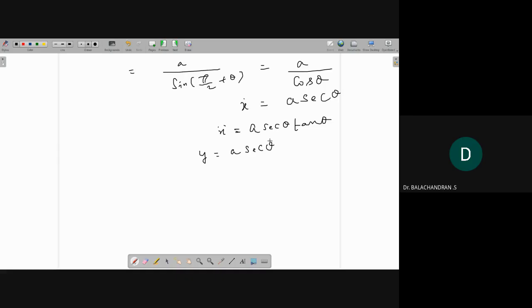Find y dot and y double dot. y dot equal to a into secant theta into tan theta.